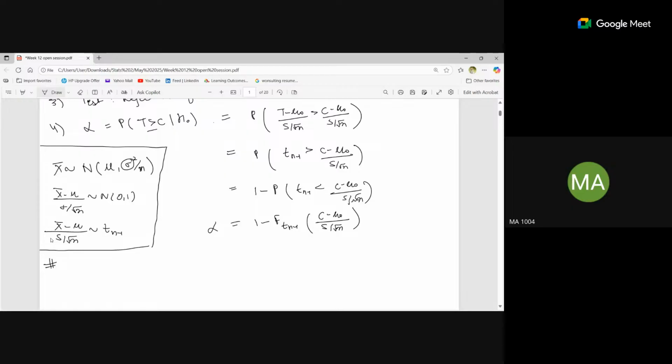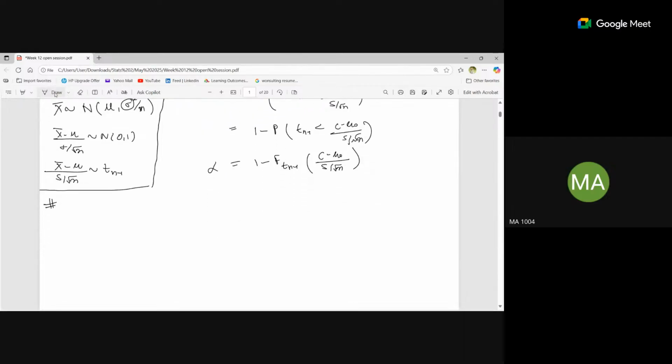Now, similarly, we have a chi-square distribution. Chi-square test, basically. So what is chi-square test? If you want to test the variances, if my variance is equal or not.